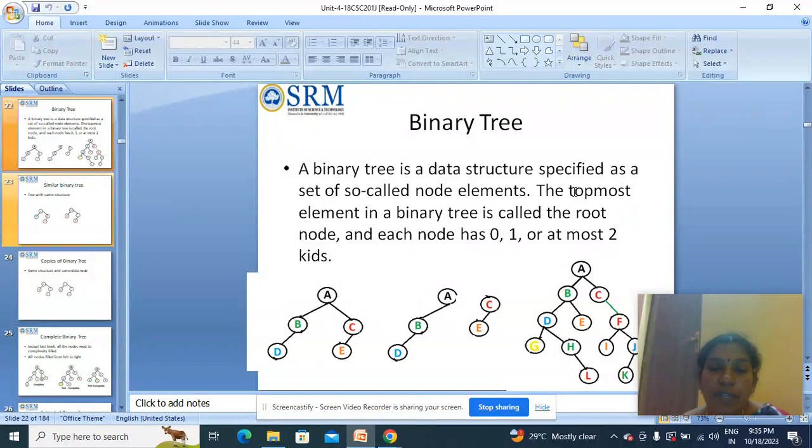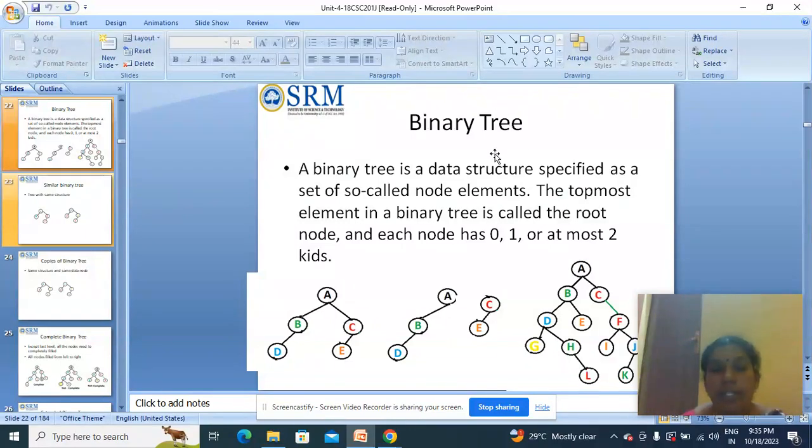What is the difference between these two? In a general tree, each node, each root node, contains many children. That is called a general tree. Before we go to the binary tree, I think you all know what binary means. Binary means two. So here every node contains at most two children. That is called a binary tree.